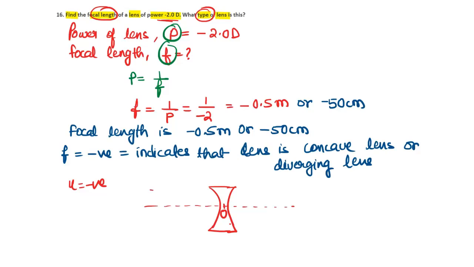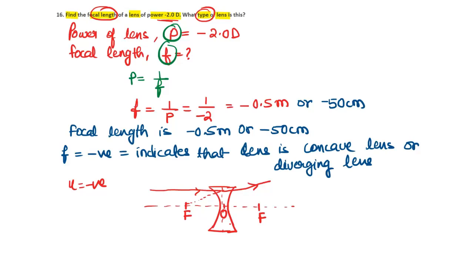So if a ray is coming parallel to the principal axis, after refraction it will diverge and it appears to meet at the focus point. So on both sides of the lens, the focus is there.